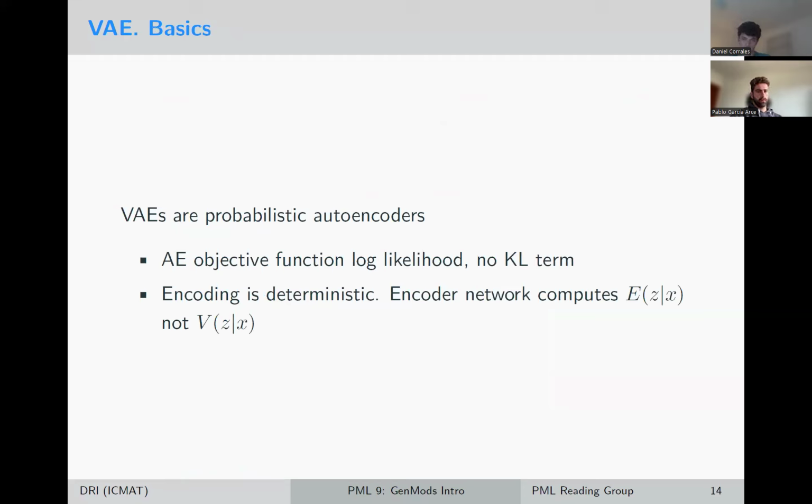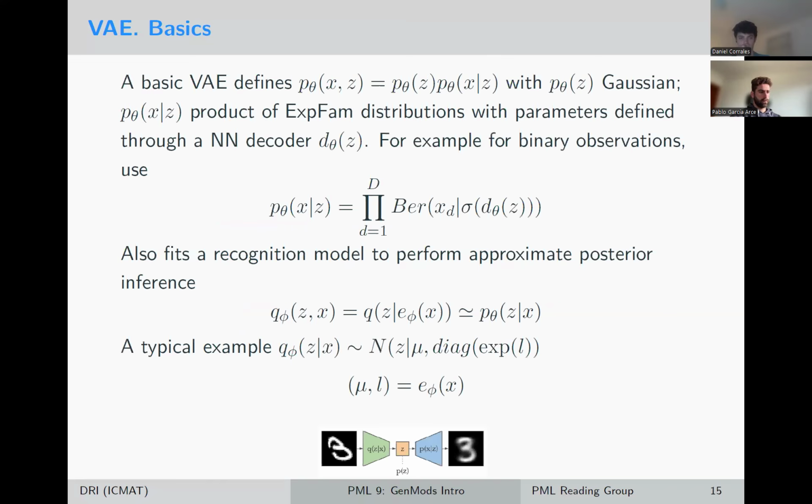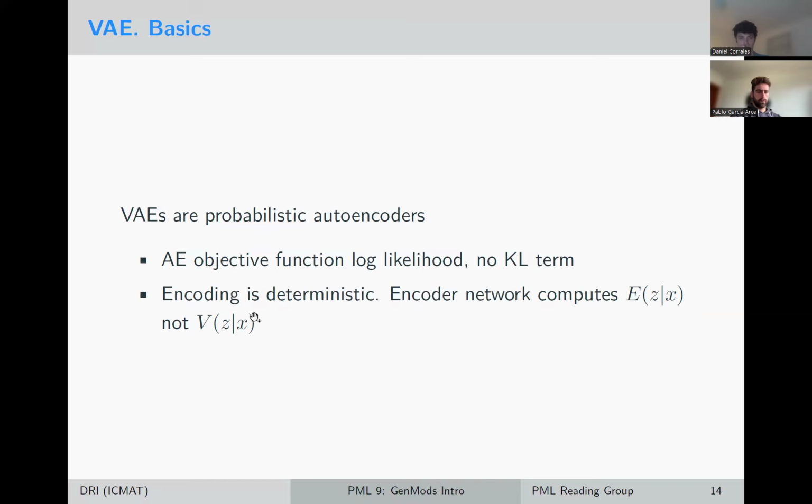As a consequence, in an autoencoder we basically focus on getting the expected value, whereas in the variational autoencoder we care as well about the variance, to get some kind of uncertainties and so on. We don't do a very good job, as we said in sessions 2 and 5, but we try to do it.